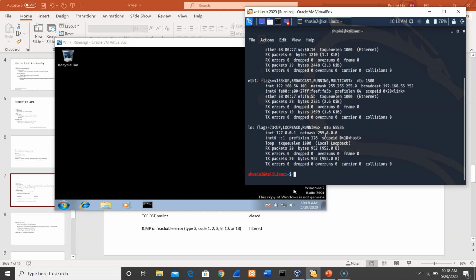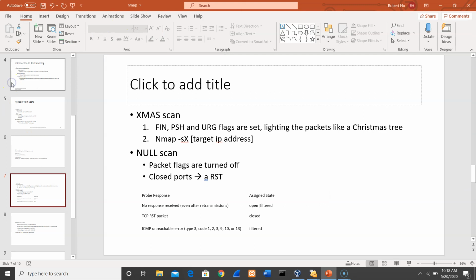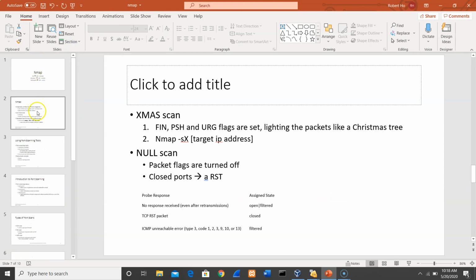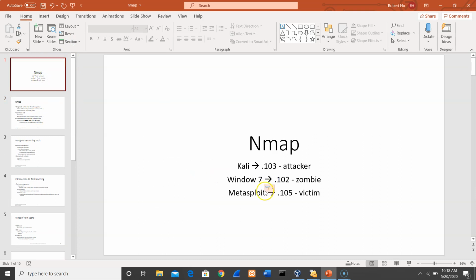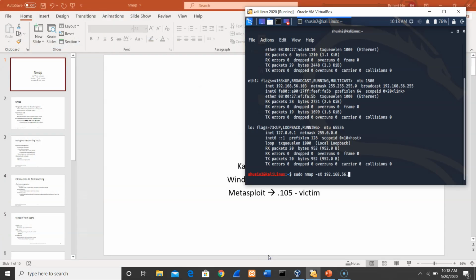So if I run this one, sudo nmap -sX, I'm going to run 192.168.56. Let's use the Metasploitable. Let me see if I can do this one. My Metasploitable is .105. Okay, so I'm going to run this.